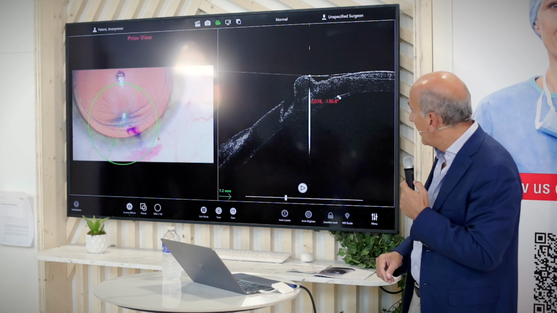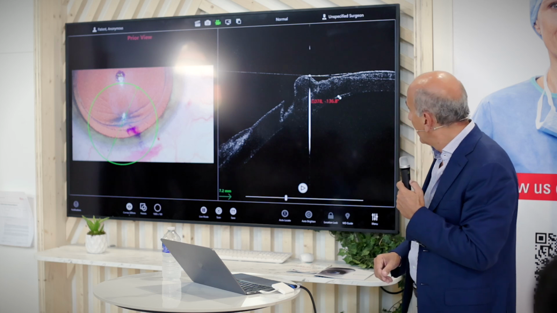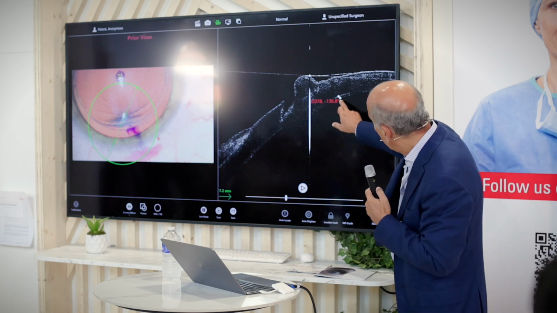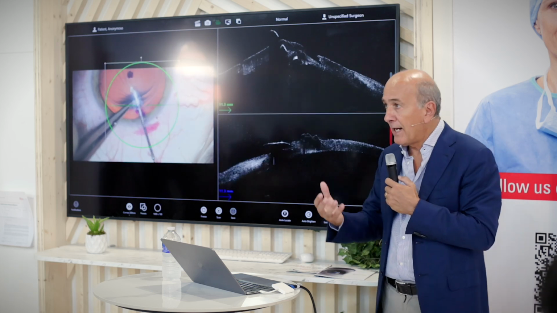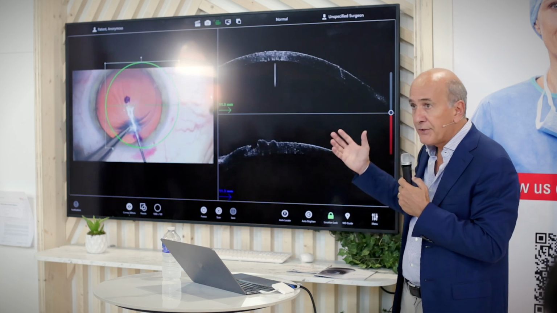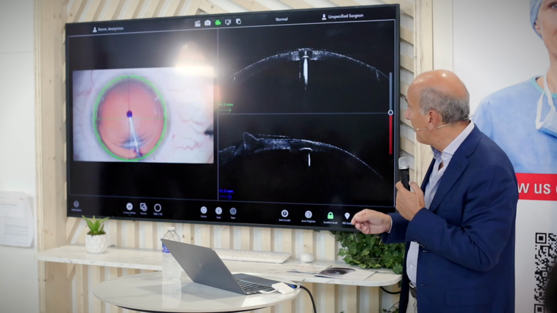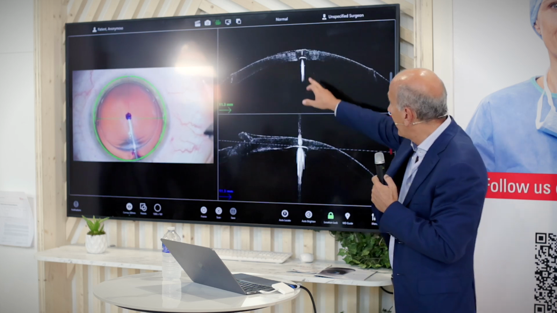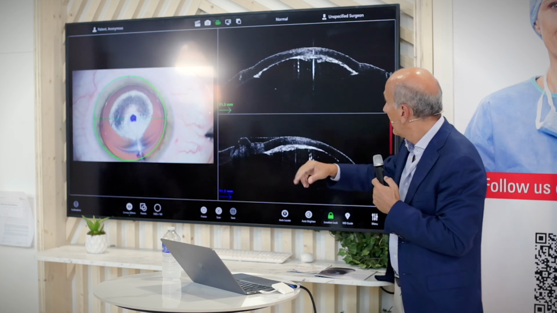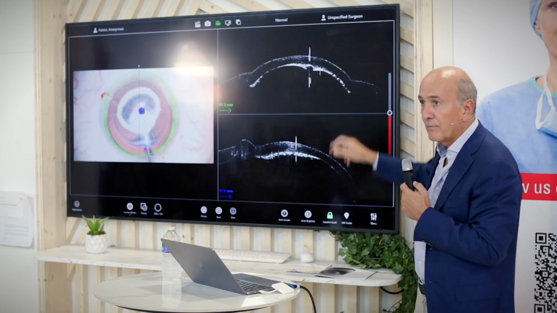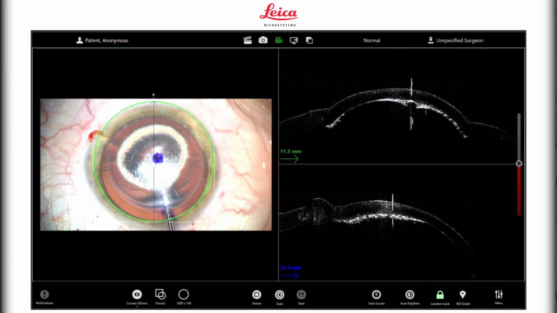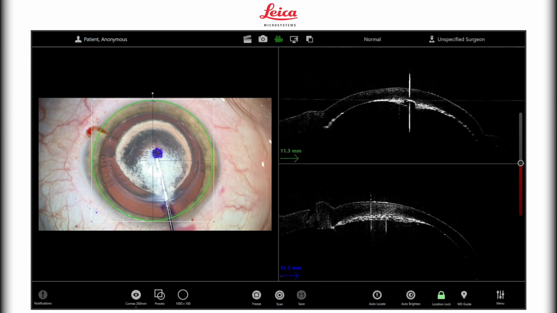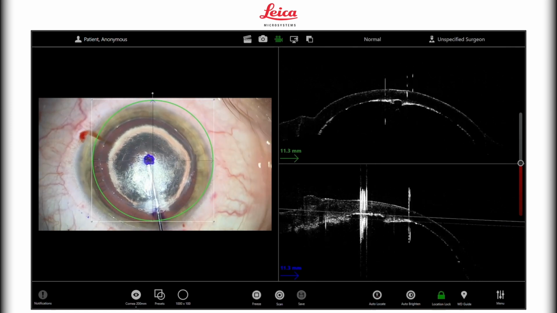And once I'm happy with the depth position of my cannula, which is only 78 microns from the Descemet membrane, I insert my cannula inside the stroma and I inject air. Here is the cannula, and here is a big bubble. So you can picture exactly what you're doing and where you're doing it. Without an OCT, you wouldn't be able to do that.